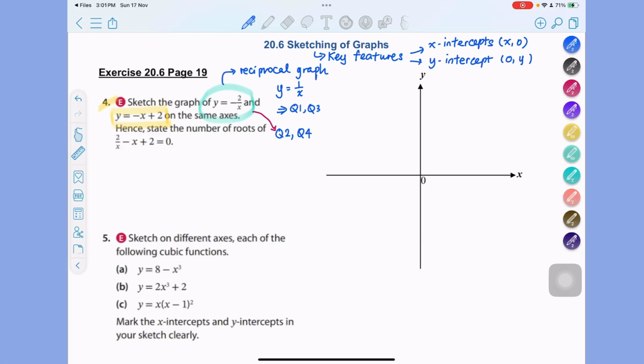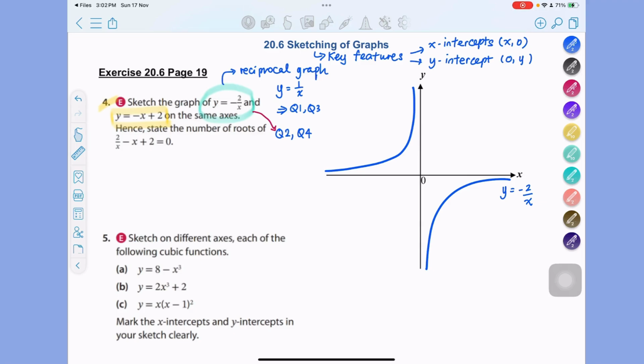So now we start to sketch. It reflects along the y-axis and also along the x-axis. So this is the graph for y equals negative 2 over x. We write out the equation y equals negative 2 over x.